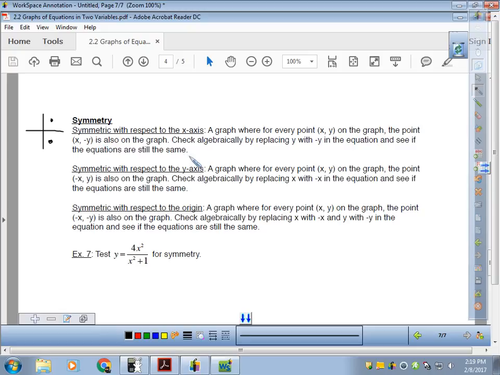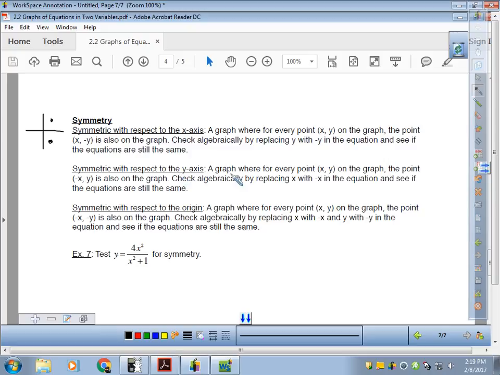Algebraically, you can check if an equation is symmetric with respect to the x-axis by plugging a negative y in for all of the y's, replacing all of the y's with a negative y, and then seeing, are the equations still the same? If they are still the same, then you do have something that's symmetric with respect to the x-axis.